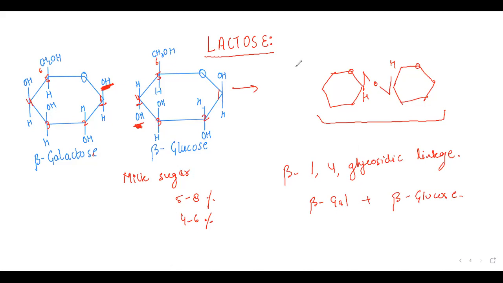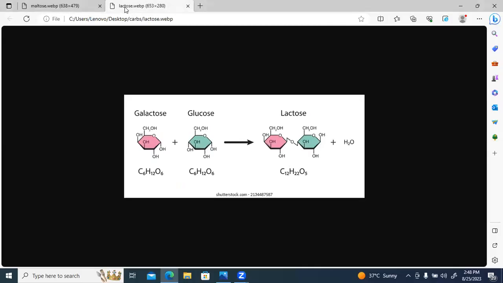How does this molecule of lactose look? So here we have, this is the galactose and this is glucose, beta galactose and beta glucose. You can see that they have the same formula, C6H12O6, C6H12O6. These two are stereoisomers of each other. Stereoisomerism I have explained in the last video, so you can check out that video for what stereoisomers are.